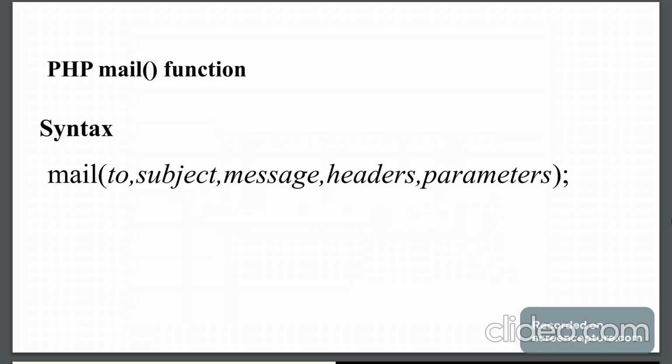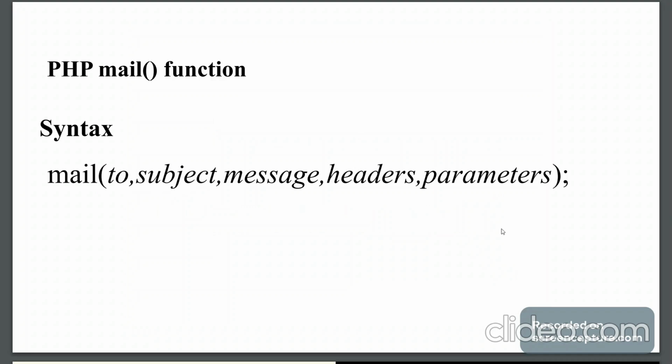We have to understand the predefined function which is available for this email functionality, that is the mail function. Here we have to give parameters like to. Here we have to mention the email ID of the receiver, the subject line of the email, and the actual message that we want to send.